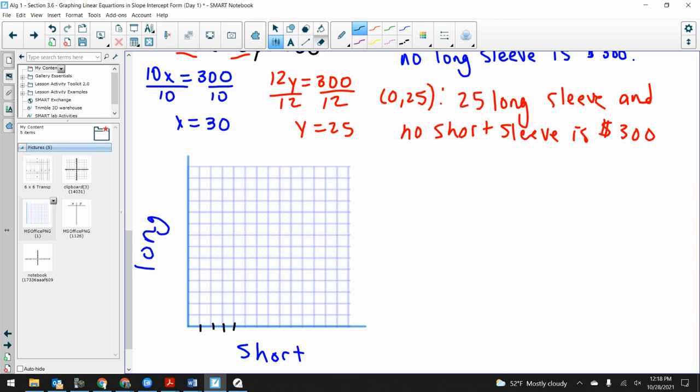No, that's way too small. Let's make each box 5, 10, 15, 20, 25, 30, 35. Yeah, let's do that. 5, 10, 15, 20, 25, 30.